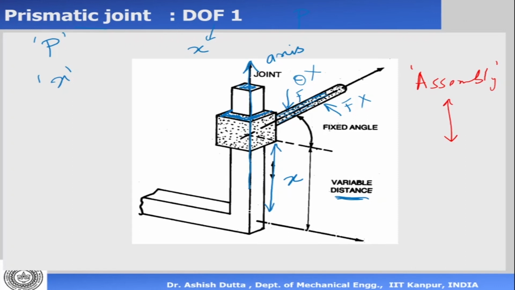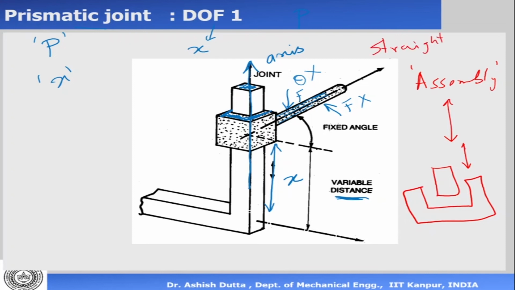But if you're doing assembly, for example, I want to insert this into this hole, then I may need straight line motion, and for straight line motion this joint is required, and hence in robots which do assembly, one of the joints is normally a prismatic joint.